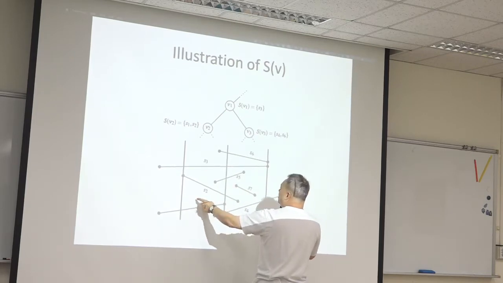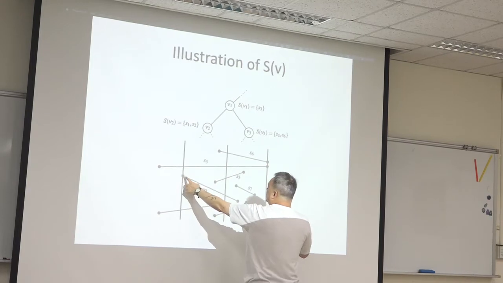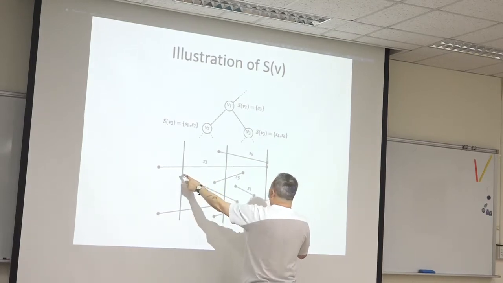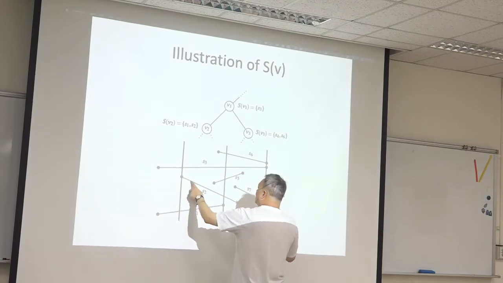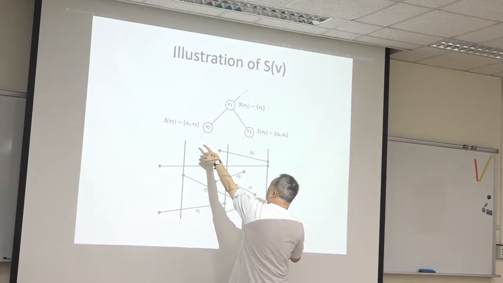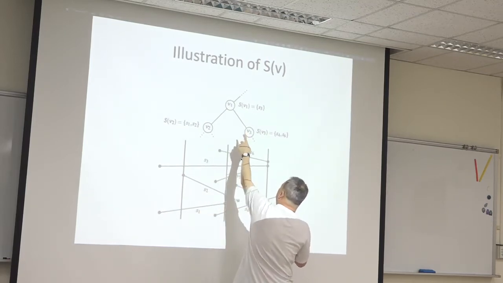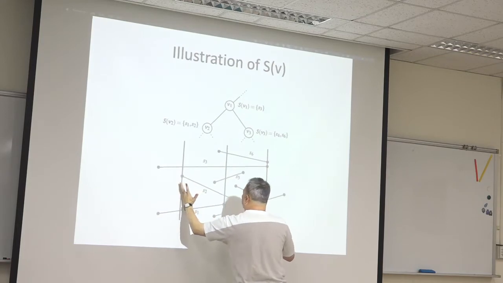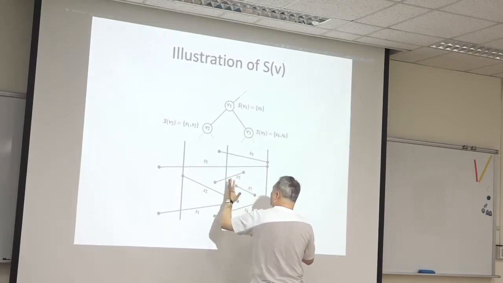And you can see S1 is here, S2 is here. So it goes across the whole region of V2, but not the parent V1, because the parent V1 corresponds to this bigger region, the union of these two regions.